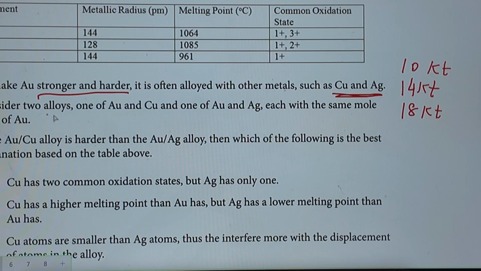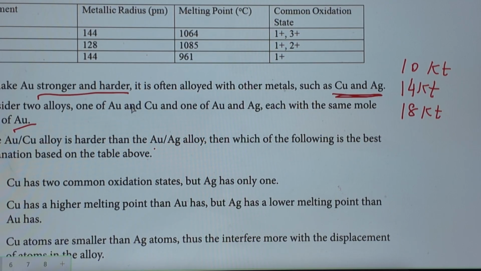Anyways, consider 2 alloys, one for gold and copper, and one for gold and silver, with the same mole ratio of gold. If the gold and copper alloy is harder than the gold and silver alloy, which of the following is the best explanation from the table above?